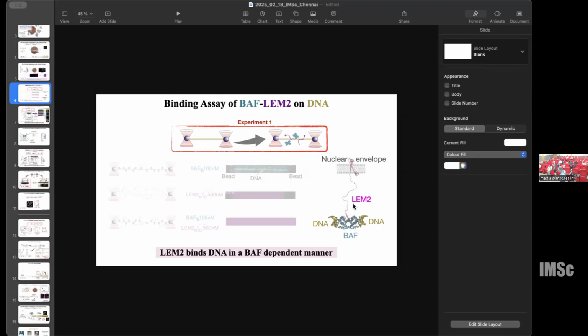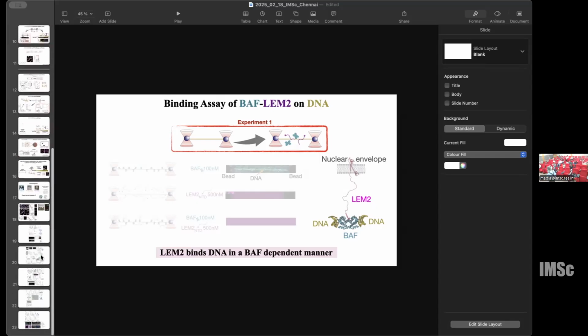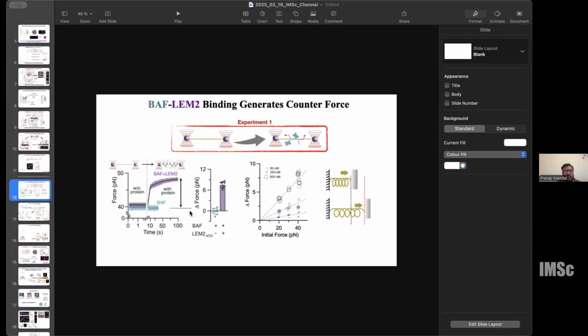Let's say in my system I have BAF which can interact with DNA but not with LEM2, and I do the same experiment; then the force profile should not change with the addition of LEM. Yes, in a way we have done this experiment, and we have other experiments to support this. The force increase that we see is due to LEM interaction through the IDR. We have a mutant which can bind just BAF, but we don't see this force increase. Okay, thank you, very interesting, Pranay.